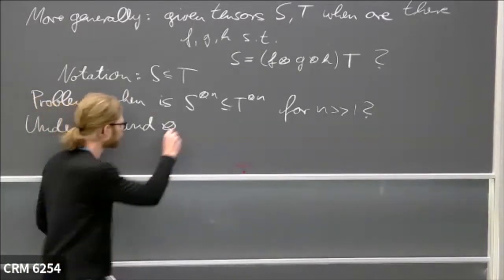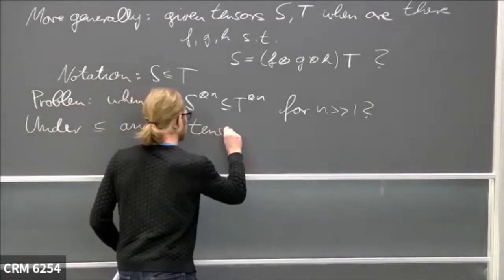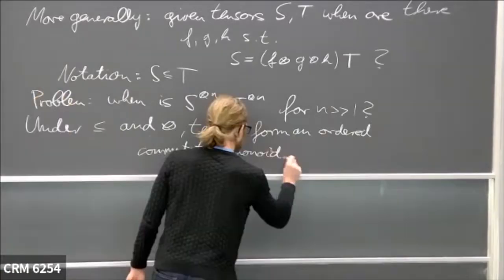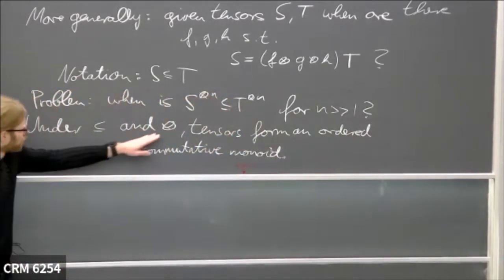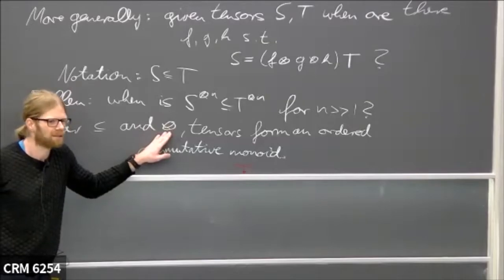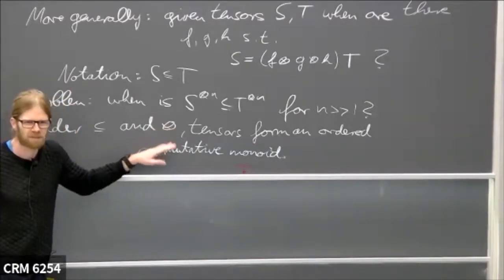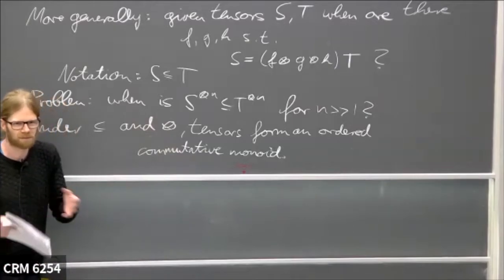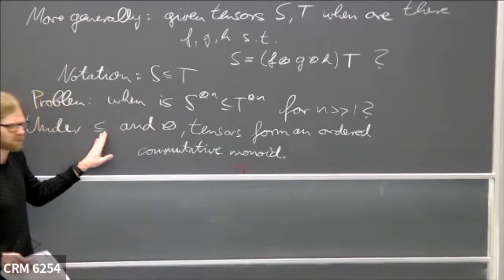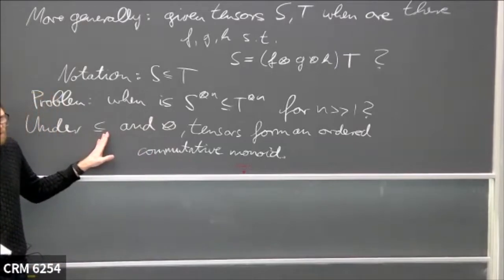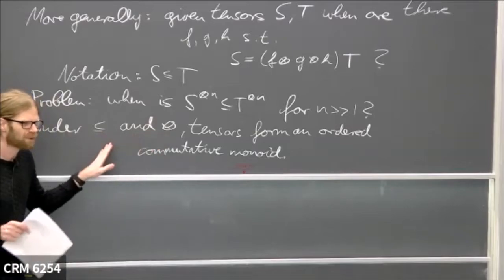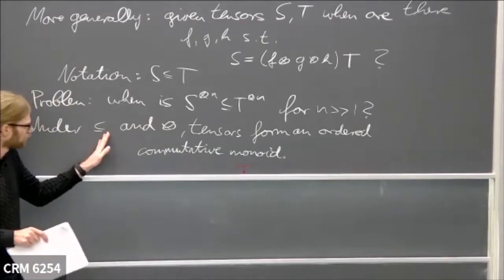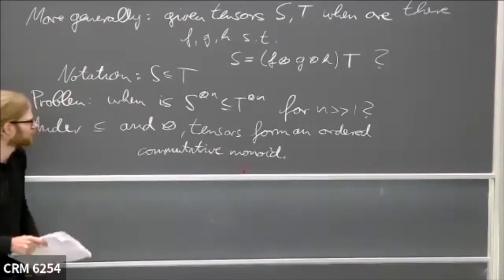These make the set of tensors into what one can call an ordered commutative monoid, right? Monoid means that the tensor product is associative and has a neutral element, and commutative means that the tensor product is commutative at least up to preorder equivalence, where I'm implicitly taking the quotient: when two tensors are ordered in both directions, I'm identifying them.